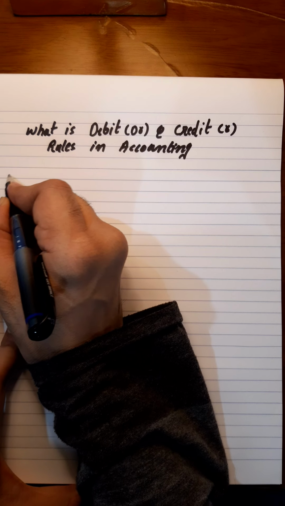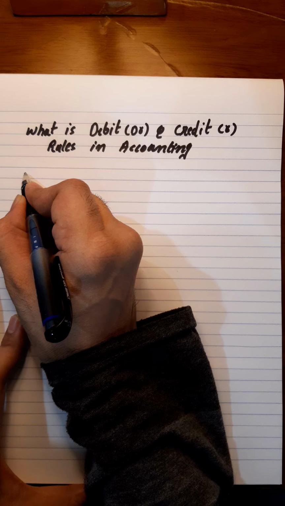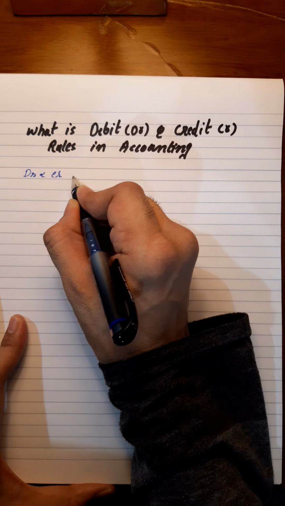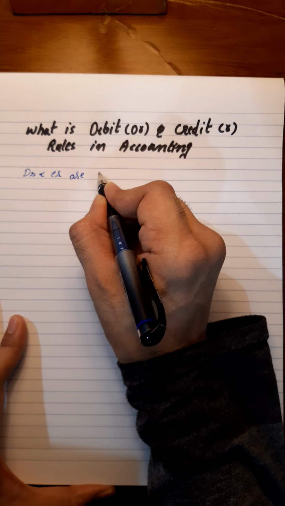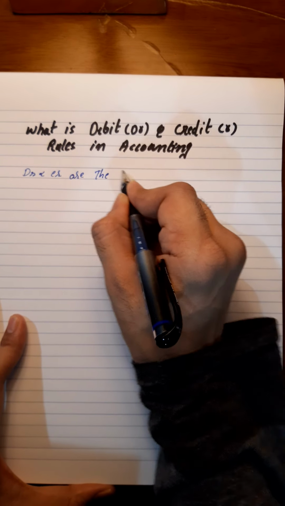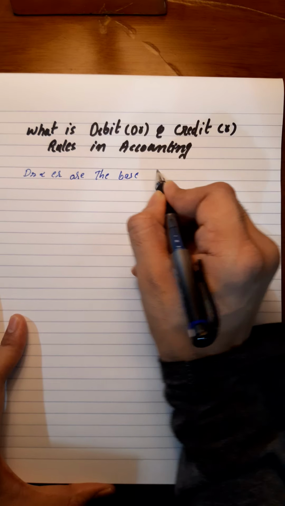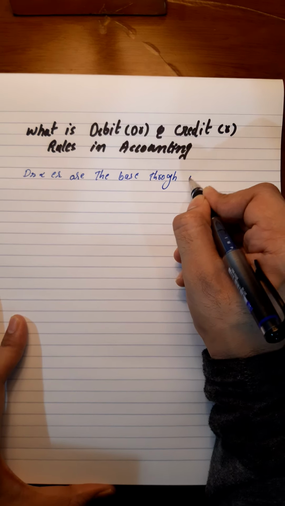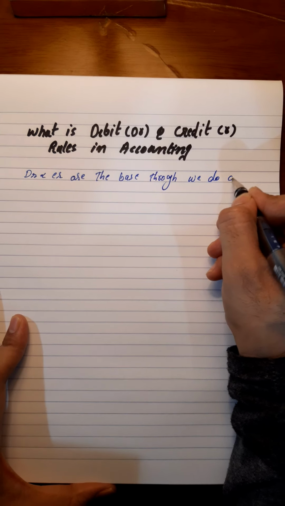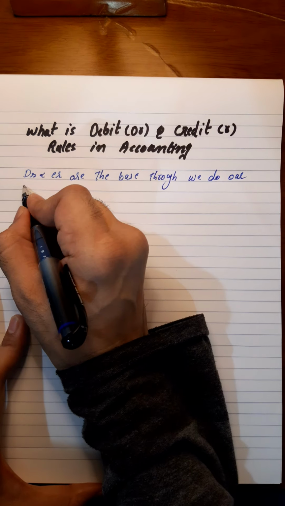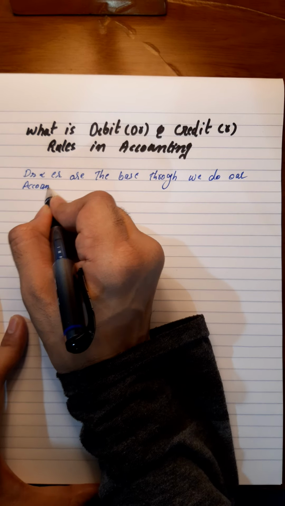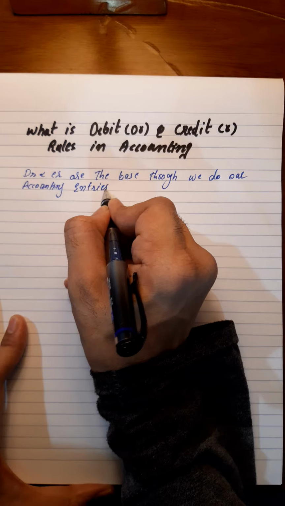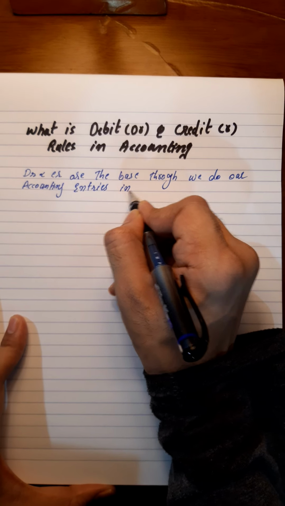Friends, debit and credit are the base through which we do our accounting entries in bookkeeping.